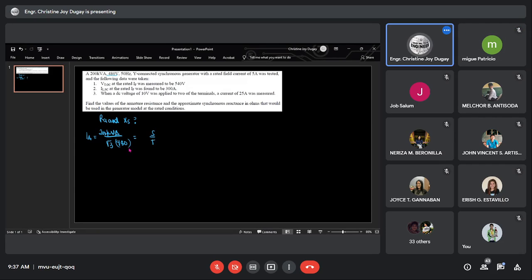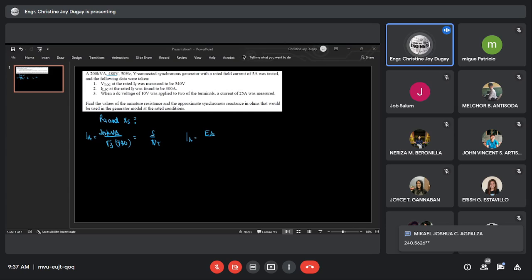S over VT, IA, that can be solved. Ang IA natin, pwede natin siyang ma-solve from EA. Ano yung equation natin kanina dito? Sa PDF, pwede niyong balikan na lang kung na-download siya.